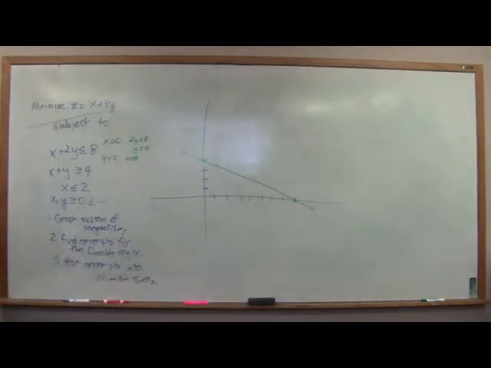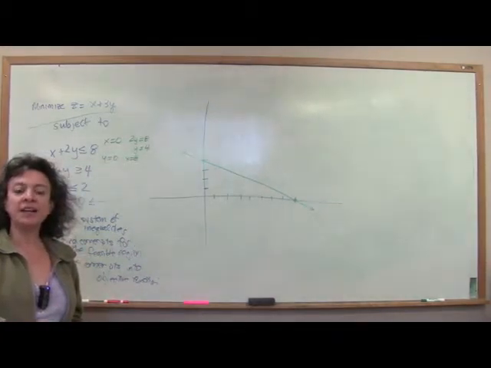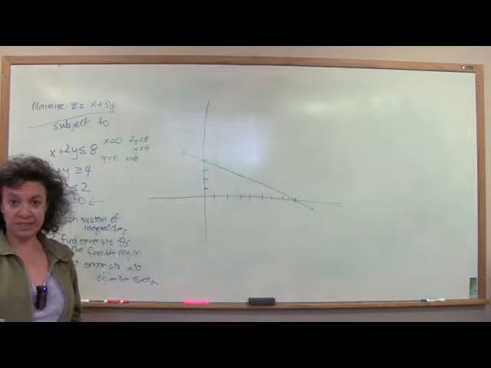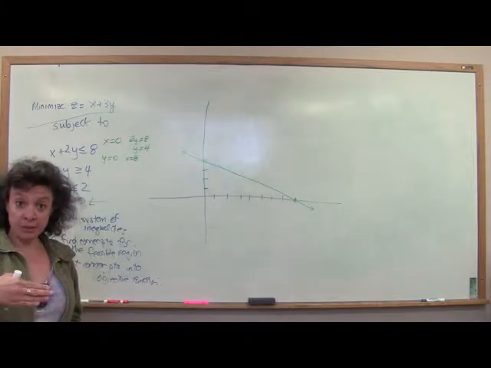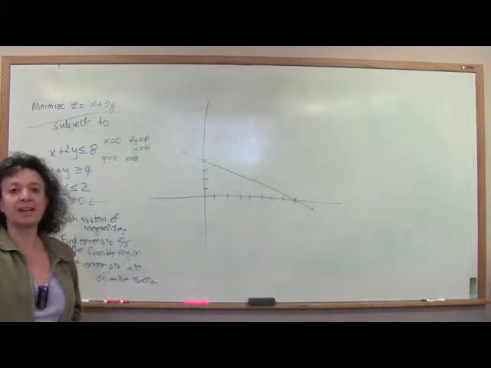Now we're not quite done because recall I need to shade. The way we determine which side to shade on is we take a test point. Okay? And if when you plug your test point in, you get a true statement, you shade on the side where that test point lives. If when you plug in your test point, you get a false statement, you shade on the other side.